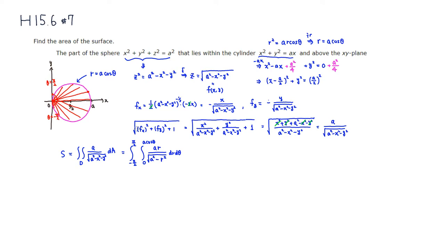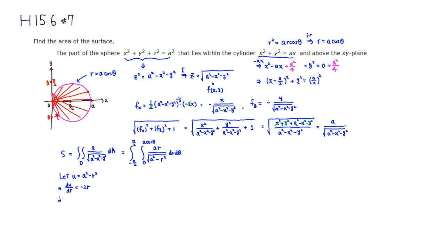All right, so let's go from here. In order to compute this, I think I'm going to use a substitution here. Let u be a squared minus r squared. This will give us du over dr is negative 2r.